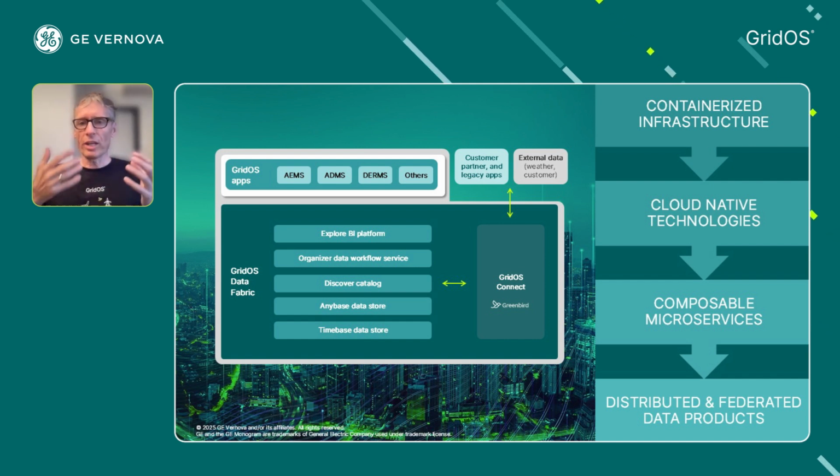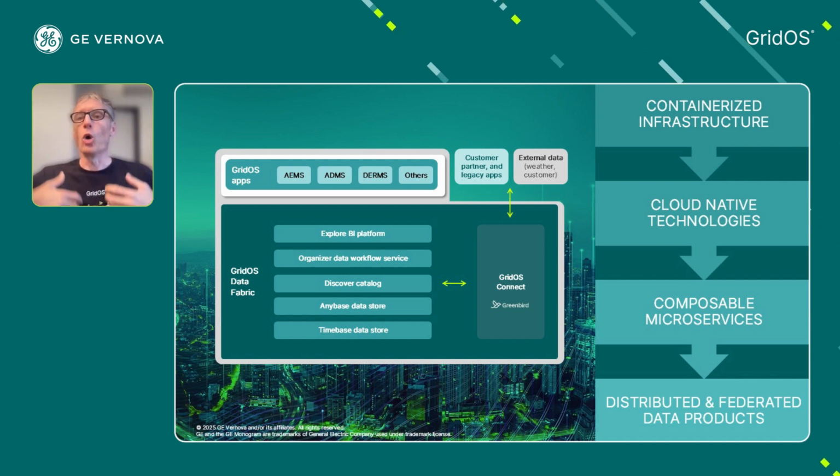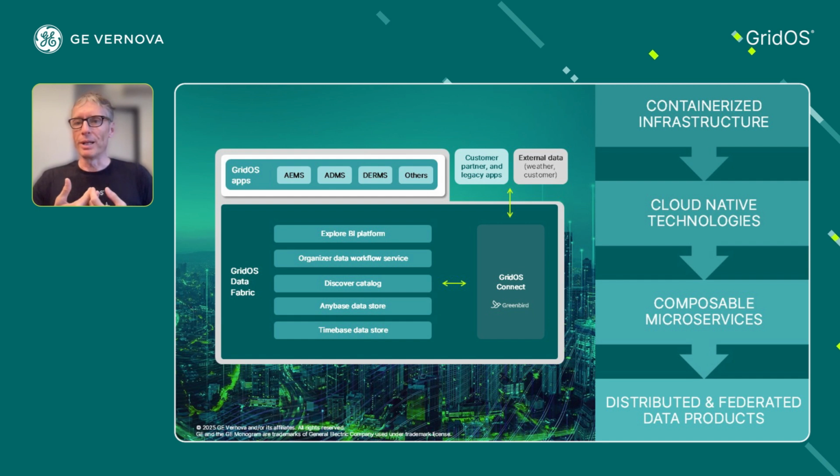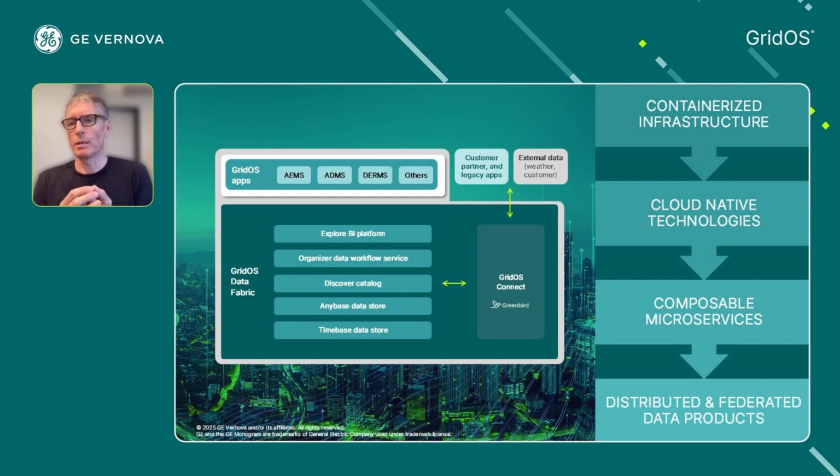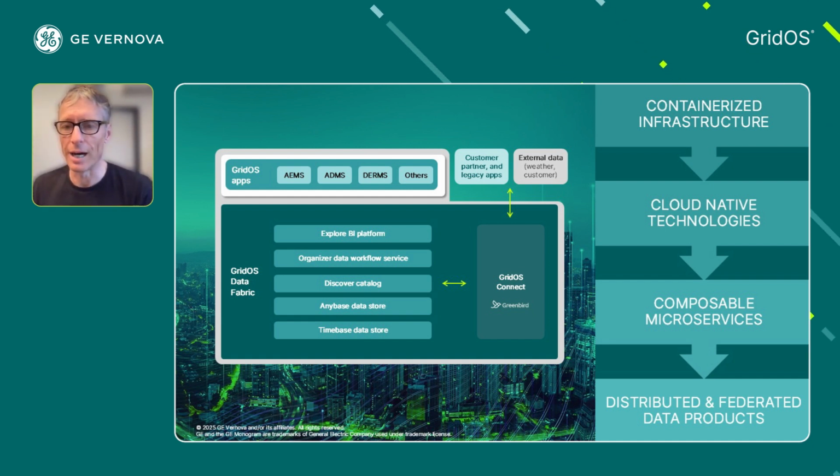So with the GridOS Data Fabric, the openness in mind, the capabilities to integrate across the entire network, we are giving you as a utility the platform to choose from an IT strategy point of view, whatever strategy fits best into your scenario.